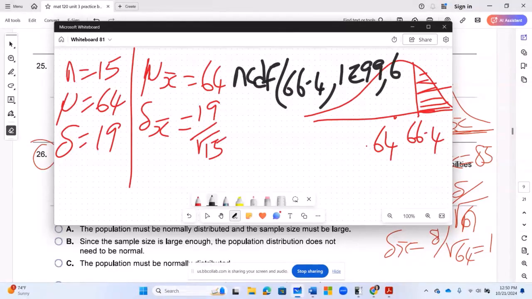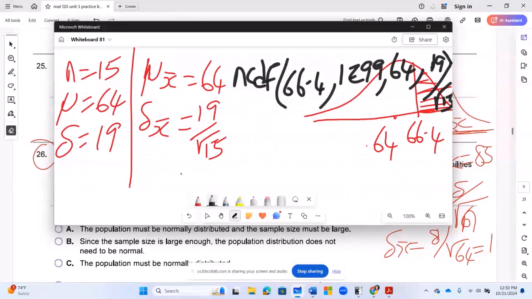The mean is 64. The standard error is 19 divided by square root of 15. Okay, so now that I have written the argument, I will put it in my calculator.